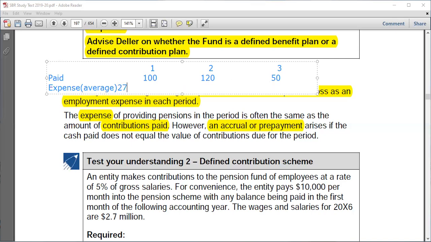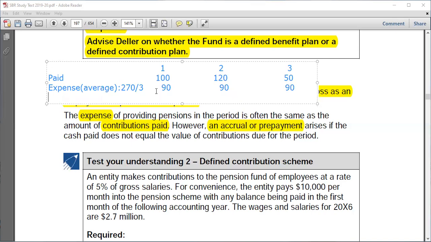So I would say 270 divided by 3 to obtain that average figure. 270 over 3 would be 90, right? It's 90 here, and then I'll have another 90 there, and then the same figure, 90. Now, having done this, you have to understand one thing.